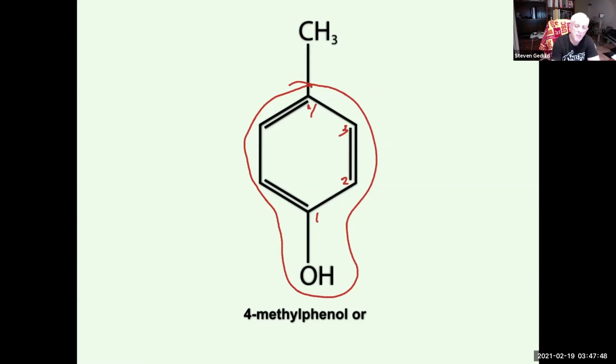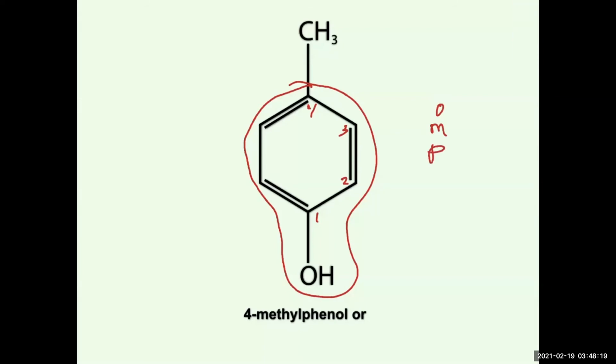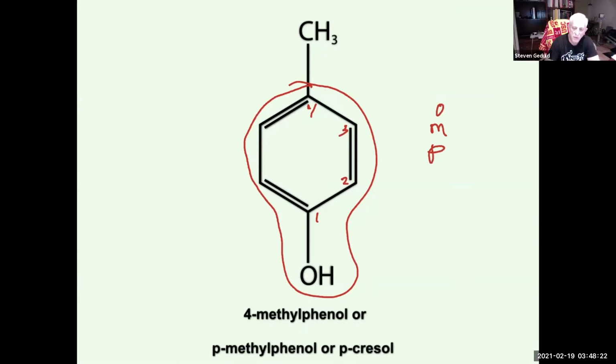I would not mark you wrong if you put 4-hydroxytoluene, because you can name it as a phenol or toluene. The easiest way to do it is as a phenol group, 4-methylphenol. So ortho, meta, or para? Para. Para-methylphenol, or it's called p-cresol. There's all kinds of different names for it.